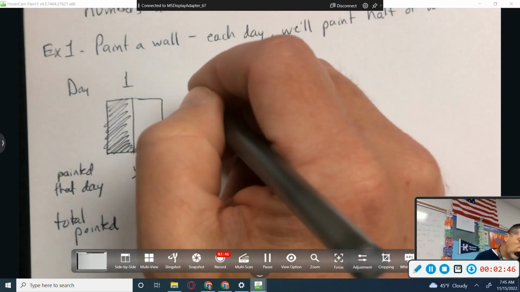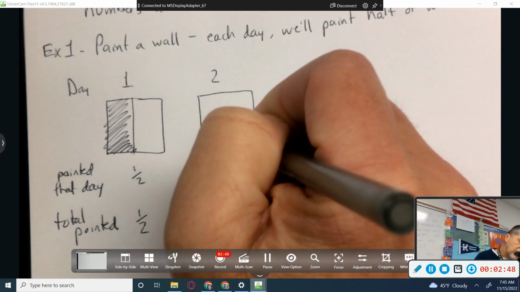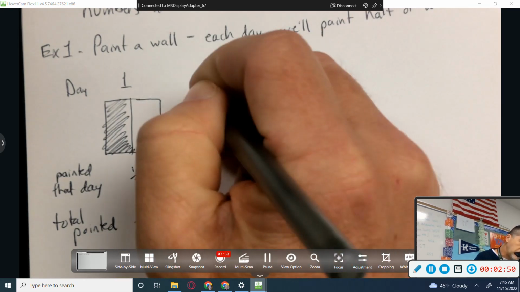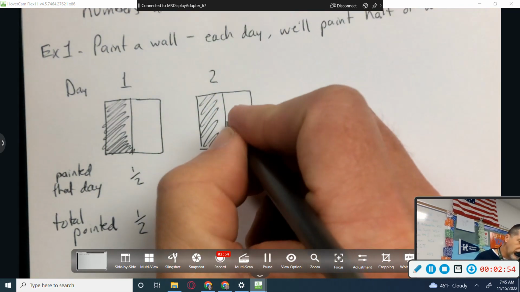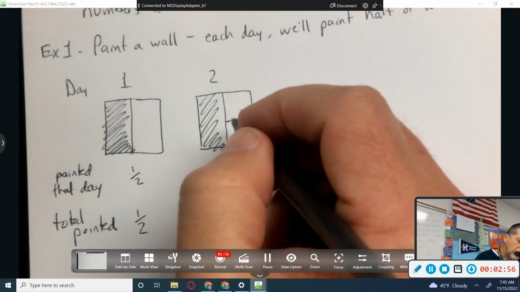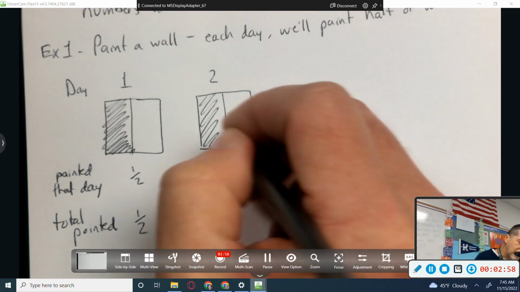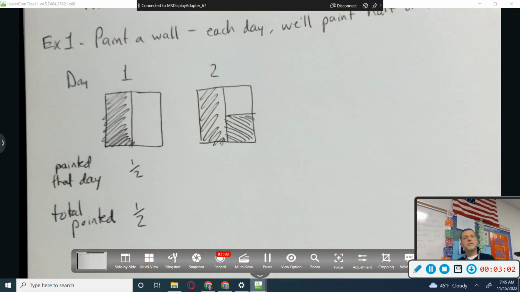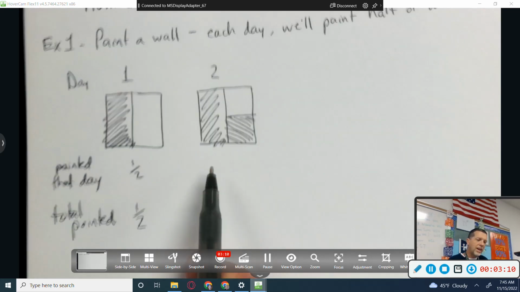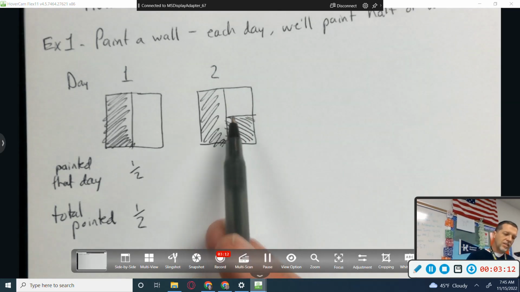All right, day two. We wake up, we admire our handiwork, and say, you know what, I'm feeling a little bit lazier today. Rather than painting the other half of the wall, I'm only going to paint half of what's left. So how much of the wall did we paint that day? 1/4.